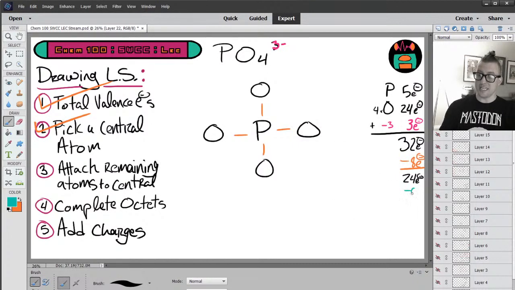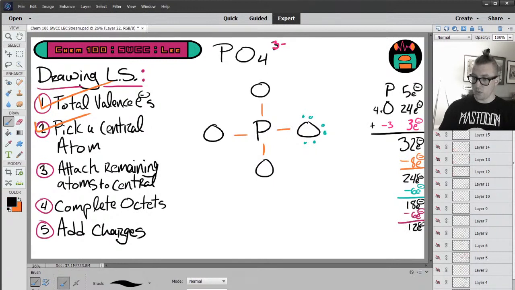Our first oxygen needs 6 electrons, and we have that. 24 minus 6 is 18. There's 1, 2, 3, 4, 5, 6 to that oxygen. Our next oxygen also needs 6, and it is in our budget.